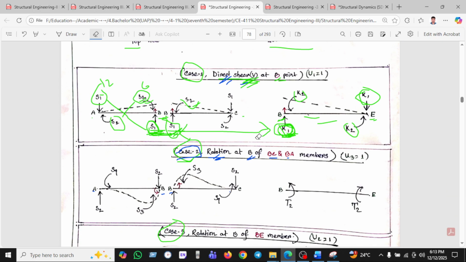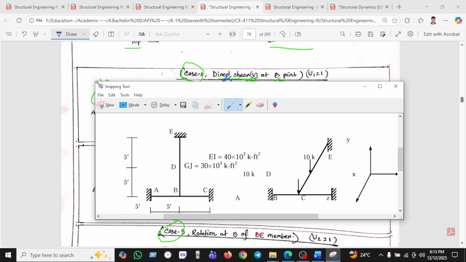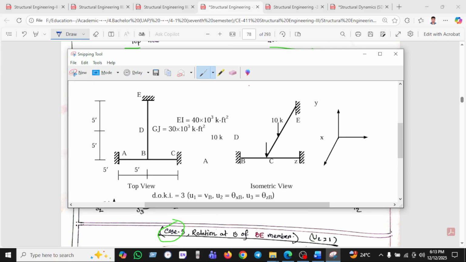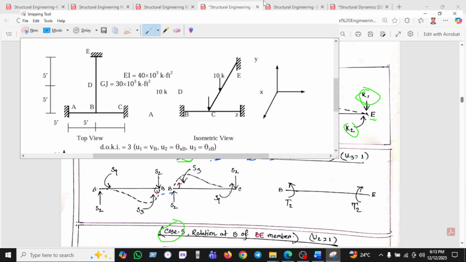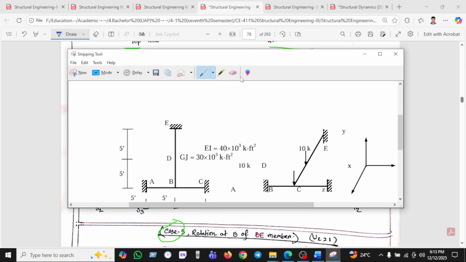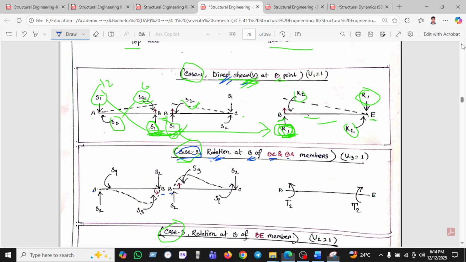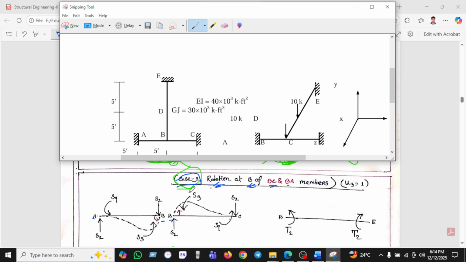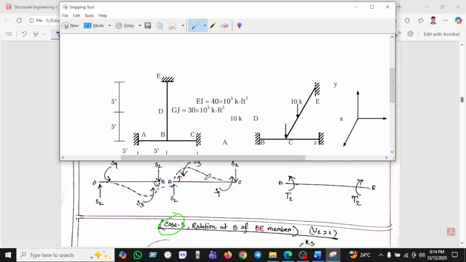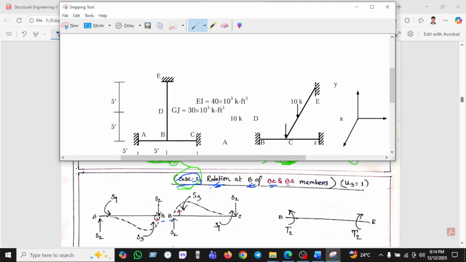So now we can see case 2 is rotation at B, which is BC and BA. If we open this here, you can see case 2 with the rotation at B. This means that we have been taking the rotation at B. So what will happen?